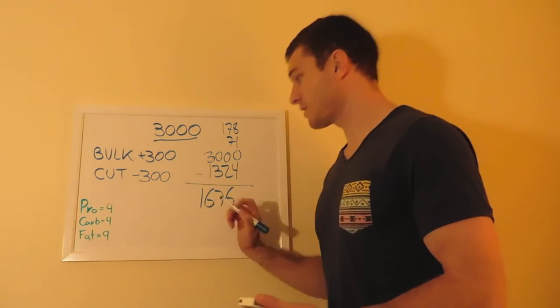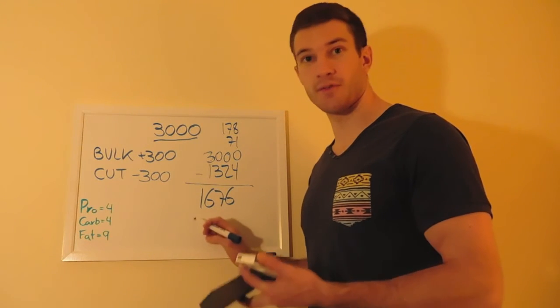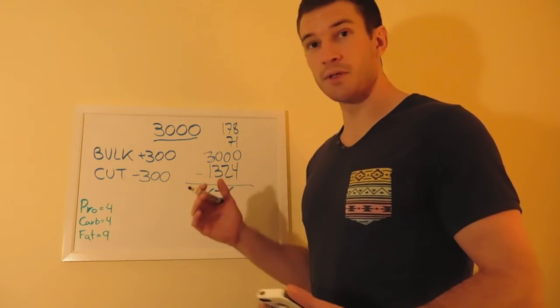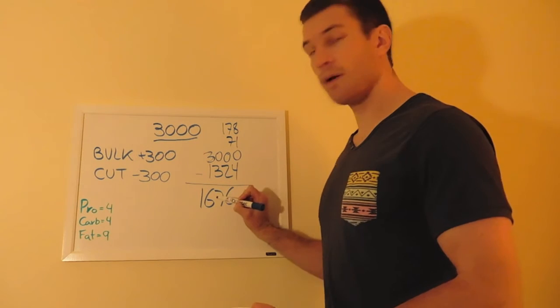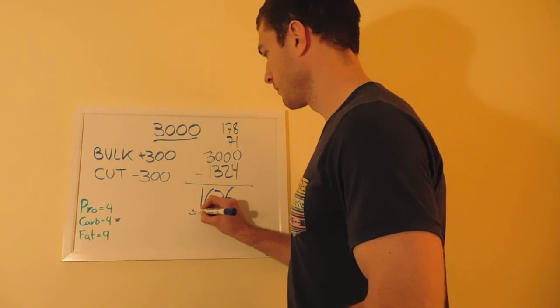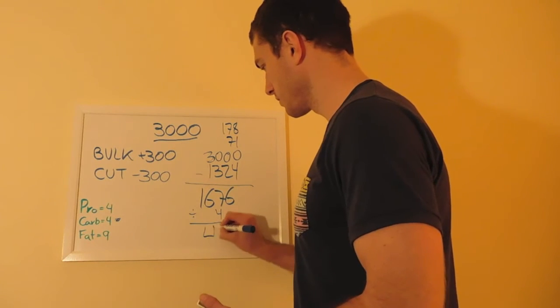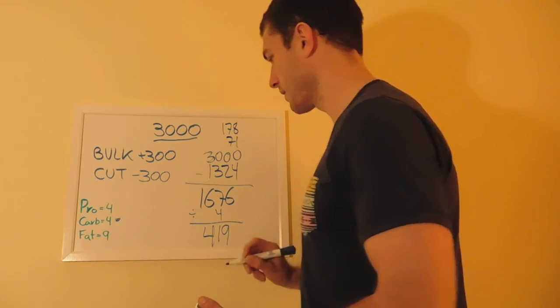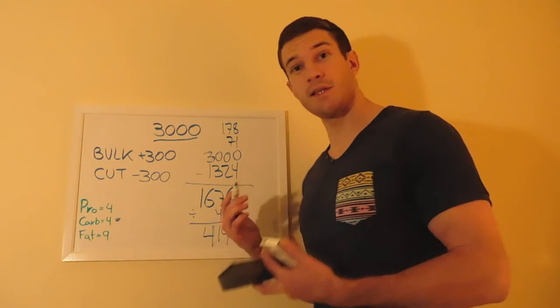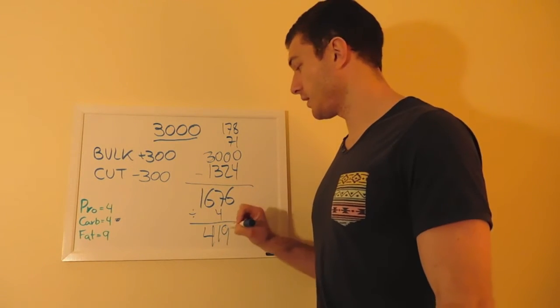Now this is the amount of calories that I have left. So what we're going to do, super simple, we divide this number by 4. So if we divide this by 4, it gives us 419, which is the amount of carbs that I need to consume a day.